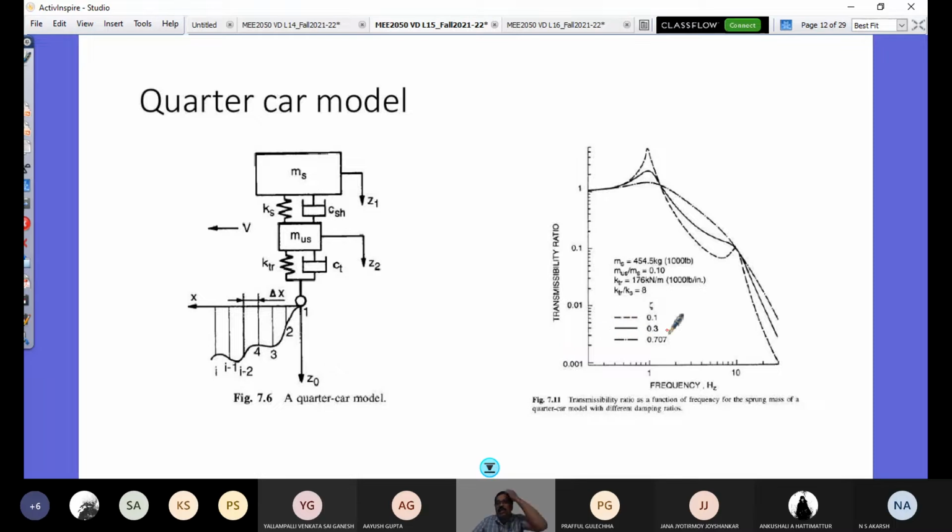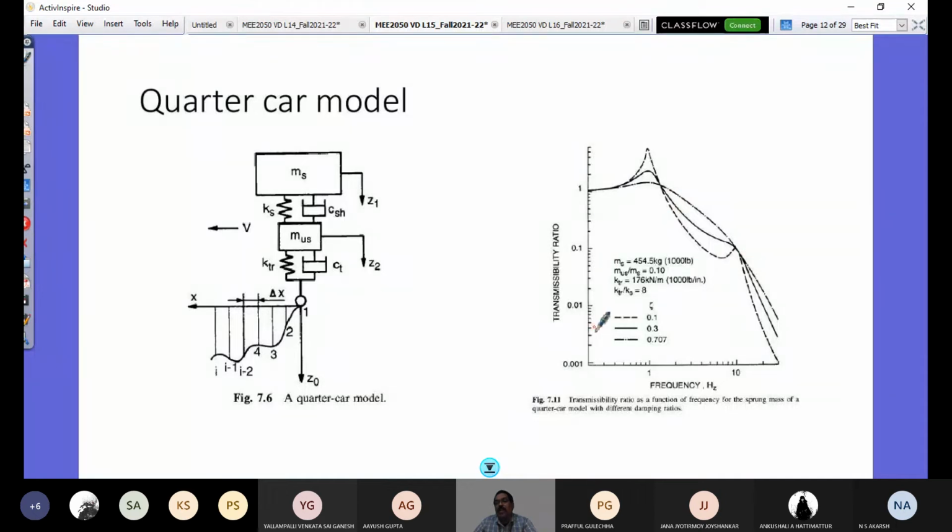the importance of damping. So you have the damping value low, that is not preferred at the resonance of your sprung mass. Of course, at the resonance of the unsprung mass, it's insignificant. Whereas here it is important that you are preferring high damping value, but that is not good for your other range called mid-frequency range or high frequency ranges.